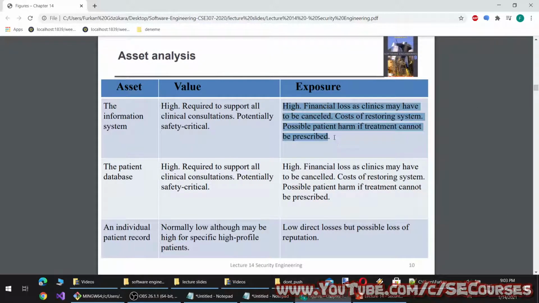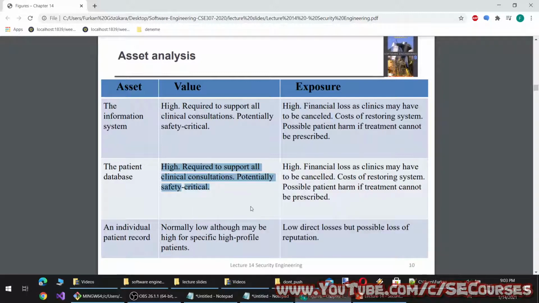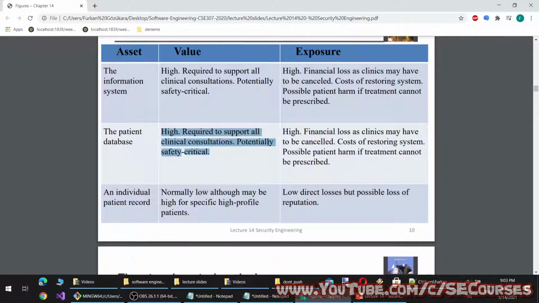High. Financial loss as clinics may have to be cancelled. Costs of restoring the system. Possible patient harm if treatment cannot be prescribed. Then the patient database of the mental healthcare system: value High. Required to support all clinical consultations. Potentially safety critical.